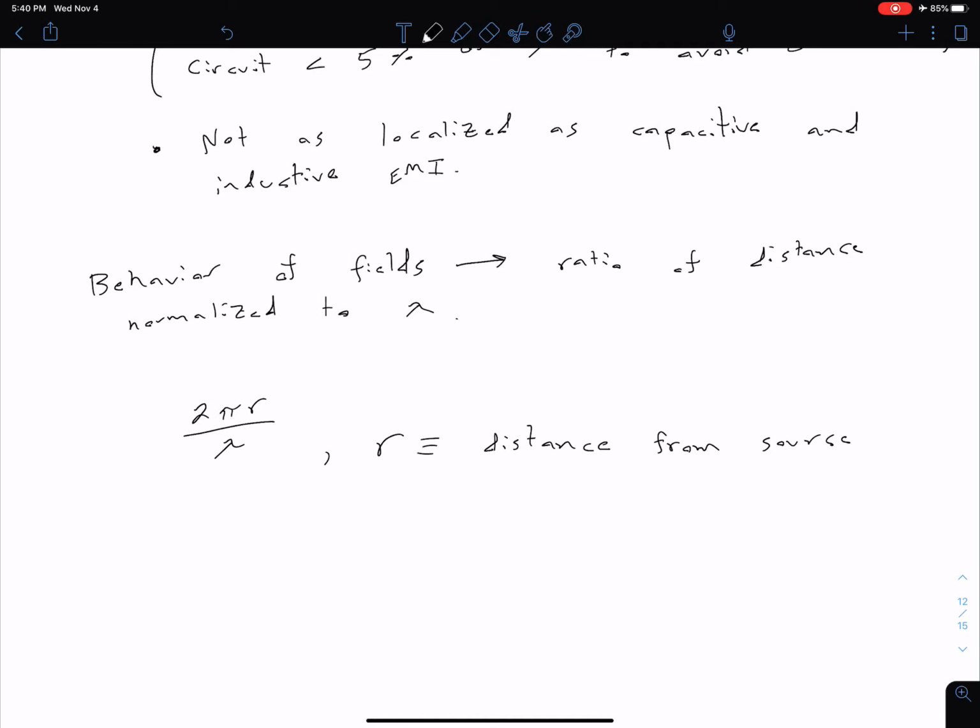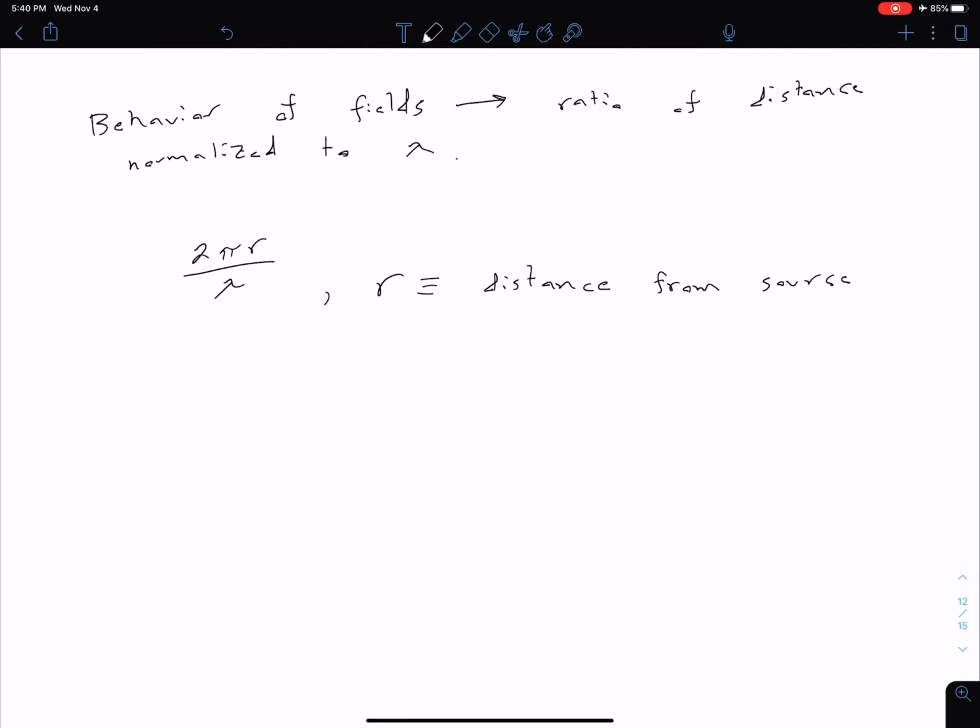And so what we can say is if this normalized ratio of 2 pi r over lambda is less than unity, then we're in a region called the near field. And so we can see the distance that correlates to the near field is going to change depending on our frequency of operation, because of course as our frequency changes, our wavelength is going to be changing as well.